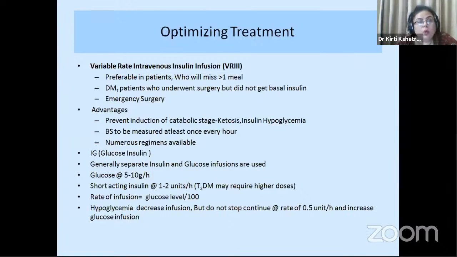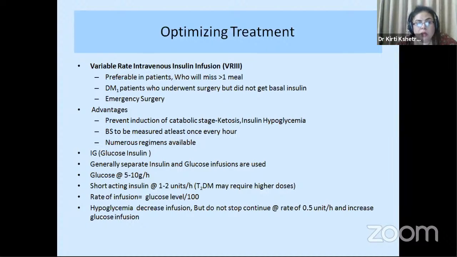Now, variable rate intravenous infusions are generally given to the patient in the preoperative phase when they are likely to miss more than one meal. Generally, they are given as separate insulin and glucose infusions, where glucose is given at the rate of 5 to 10 grams per hour, and short-acting insulin is given at 1 to 2 units per hour.